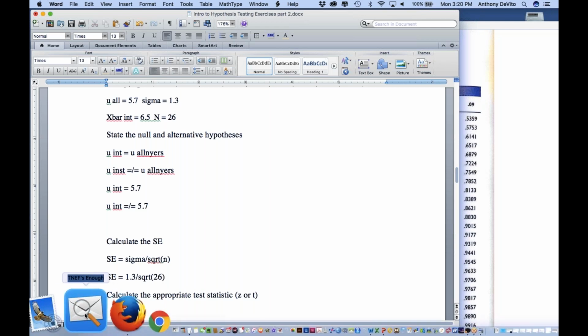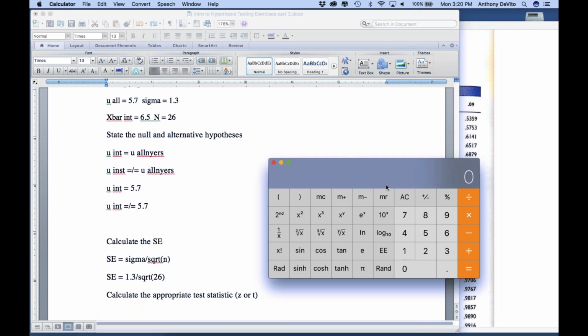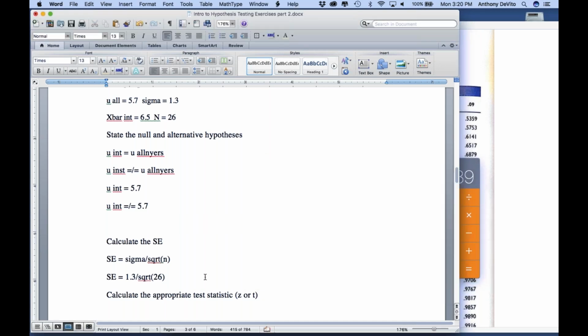So I've got to bring my calculator up. The square root of 26 is 5.09, or 5.1 practically. I'm going to put that into memory. And 1.3 divided by the square root of 26 is equal to 0.25. I'm going to call it 0.255, round it off a little bit.